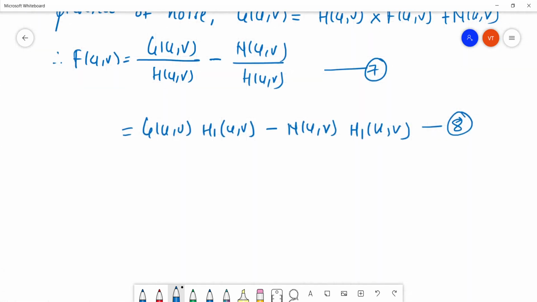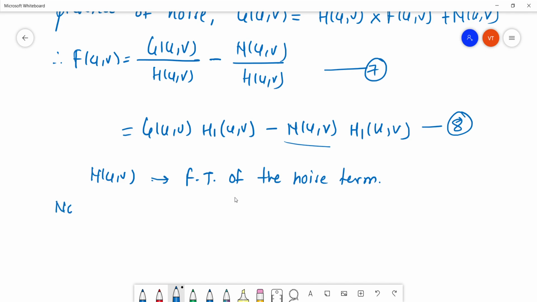Now here, N of u,v is the Fourier transform of the noise term, right? Now suppose H of u,v is 0.